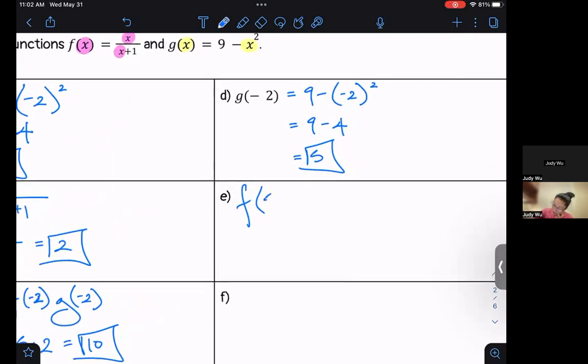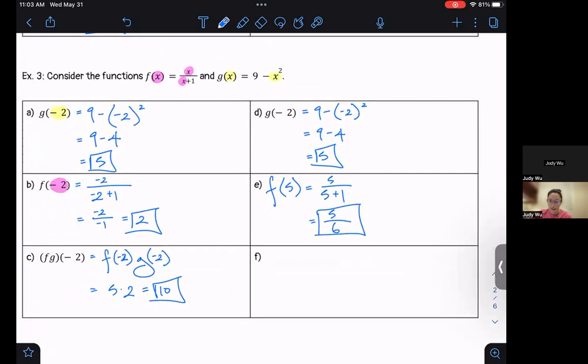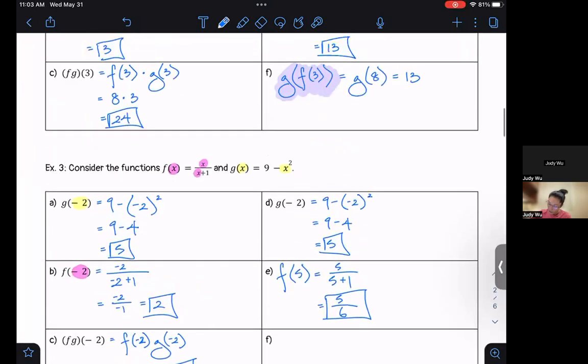So f of 5 equals 5 over 5 plus 1, and from there, we get 5 over 6. Do not turn this into a decimal. Leave it as a fraction. So 5/6 is our f of 5 value.